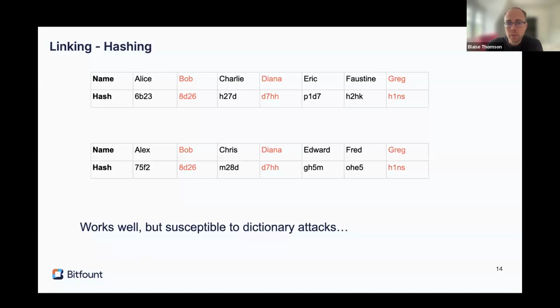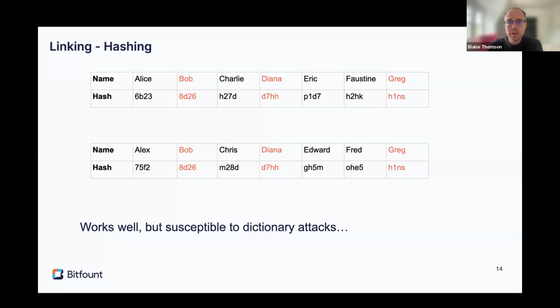And with a machine, that's actually not very hard to attack, to just run through all the different options. So that's called a dictionary attack. And it leads to the fact that this simple hashing approach is not sufficient to protect the data that's going to be transferred or be used to calculate these summary statistics.